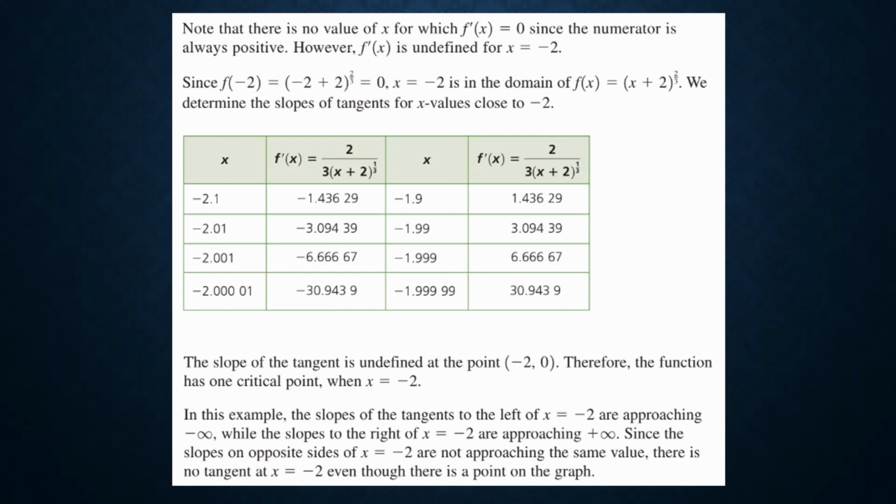If it were undefined for x equals -2, it would mean it doesn't work. But this point is within the domain of our initial function. So we determine this point as a critical one, and next we determine the slopes of tangents for x values close to this point, as we did before, to the left and right.